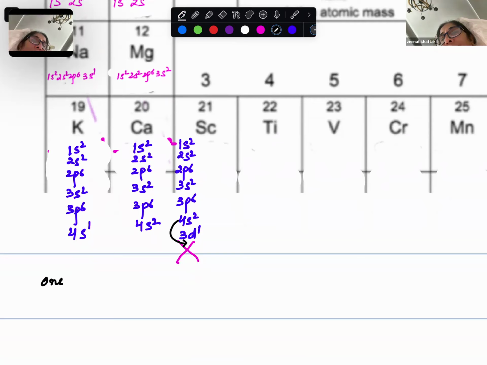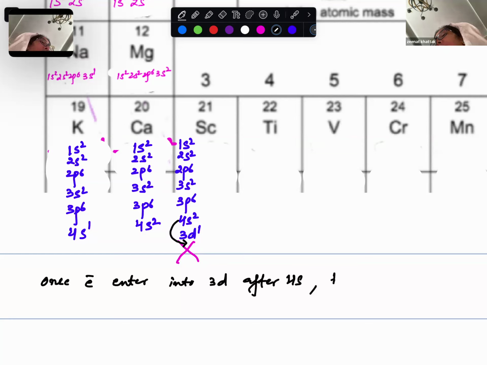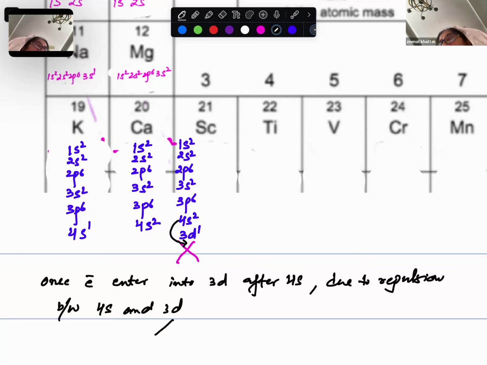Once an electron enters into 3d after 4s, due to repulsion between 4s and 3d, they are actually very close, 4s is above 3d.